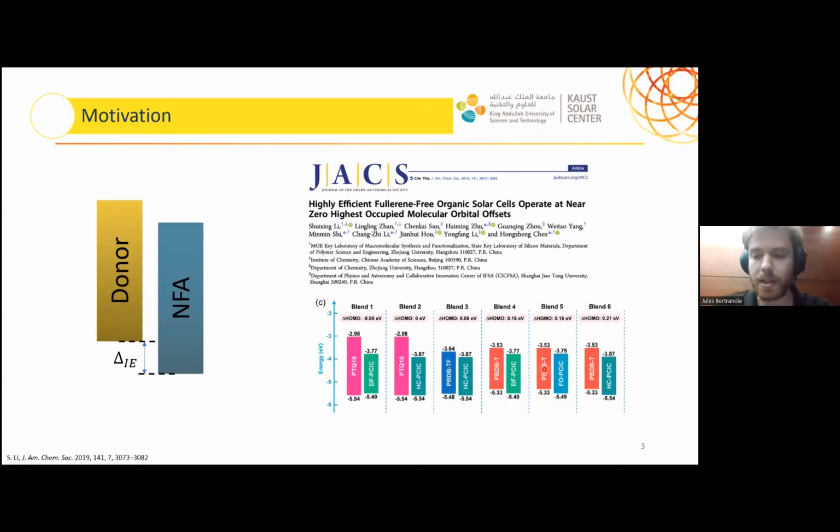So here we can see that even for those blends, we have good charge generation, even if the offset can be negative. This is probably because of uncertainties, but anyway, we have very low offsets, but we still have good charge generation.